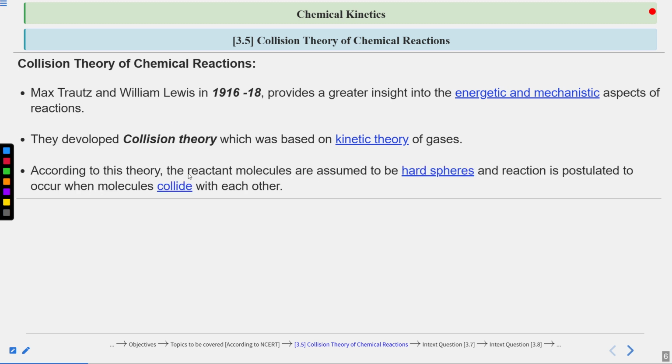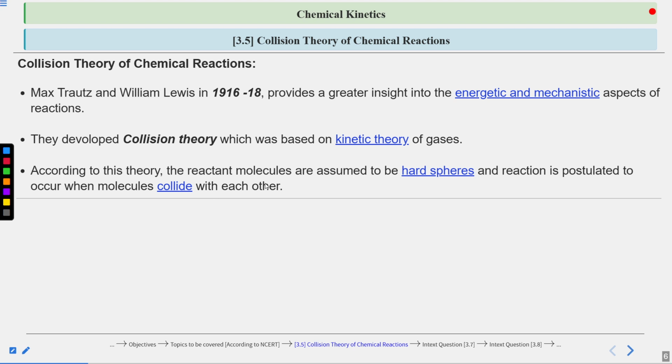According to this theory, the reactant molecules are assumed to be hard spheres, and the reaction is postulated to occur when molecules collide with each other. Spheres means a round thing having volume or density.